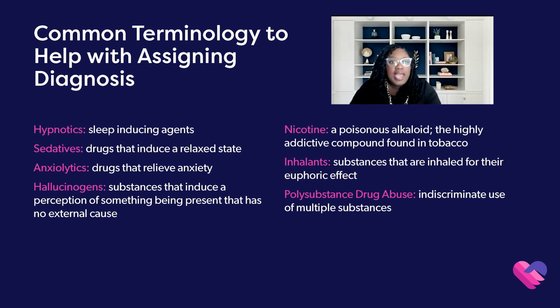And there have been some updates with assigning polysubstance use and dependence. You still want to make sure that you are somewhere in your documentation outlining the substances the patients are using, and also making sure that you are descriptive with the frequency of the substance use. In some instances, it may be more appropriate to just say this person is dependent on cocaine, this person is dependent on marijuana and other substances as well.